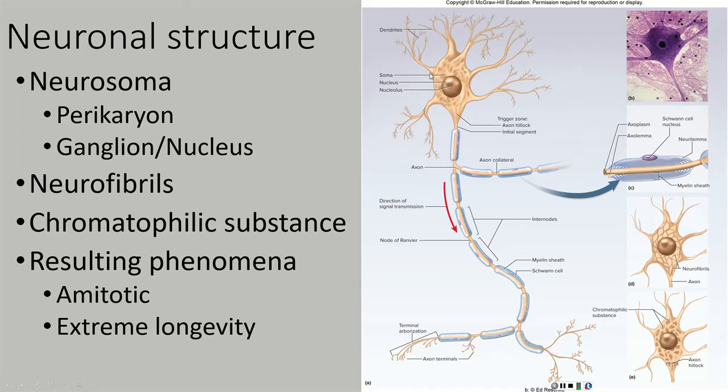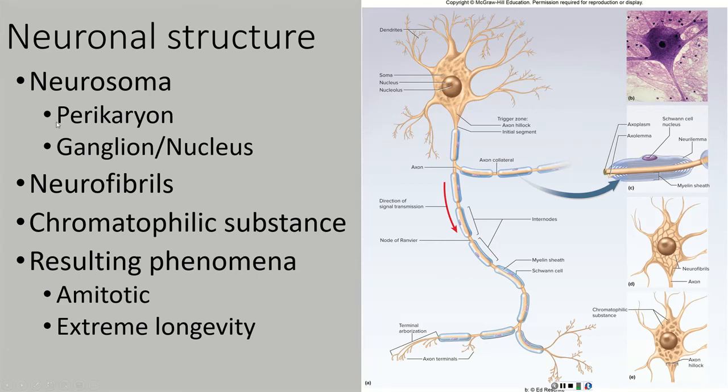But we're going to have all these things sticking off of it, and for the most part, those things sticking off of it do not have very many of those organelles that we learned about back in chapter 3. So all of that stuff from chapter 3 is pretty confined in this region right here, the soma, the neurosoma, the cell body. Those all mean the same thing. Soma, neurosoma, cell body.